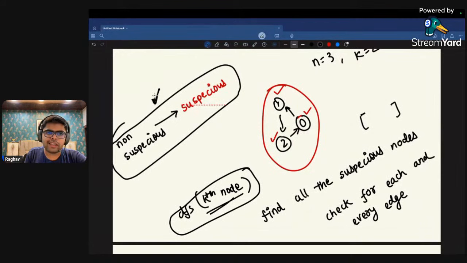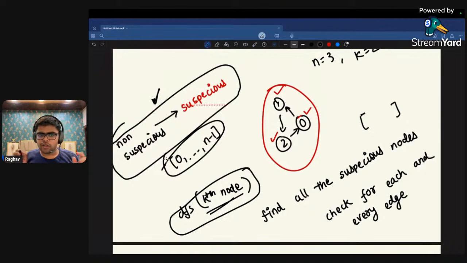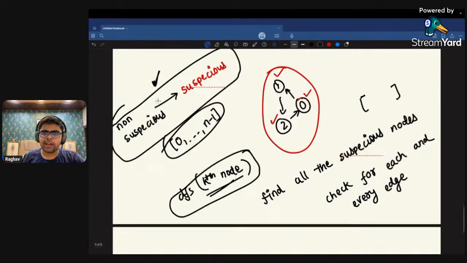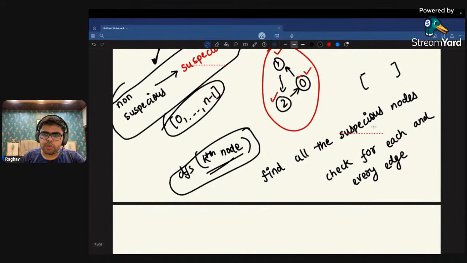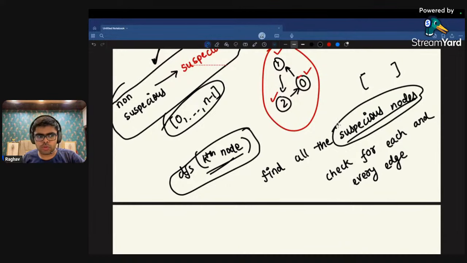If you find any of these edges, then you will directly give the output as 0 till n minus 1, because you won't remove any of the methods. But if you don't find any such edge, in that case, other than the nodes which were suspicious, you can just return everything.